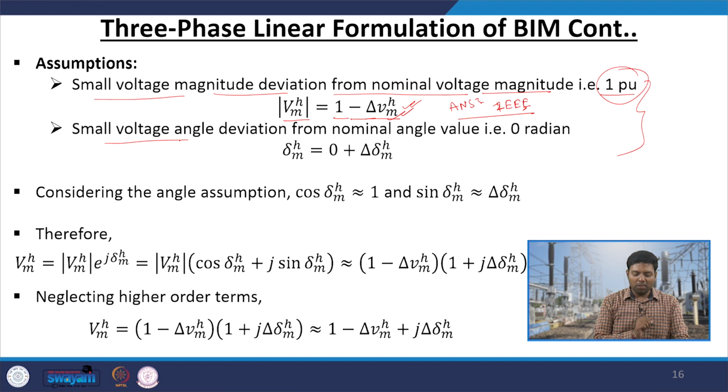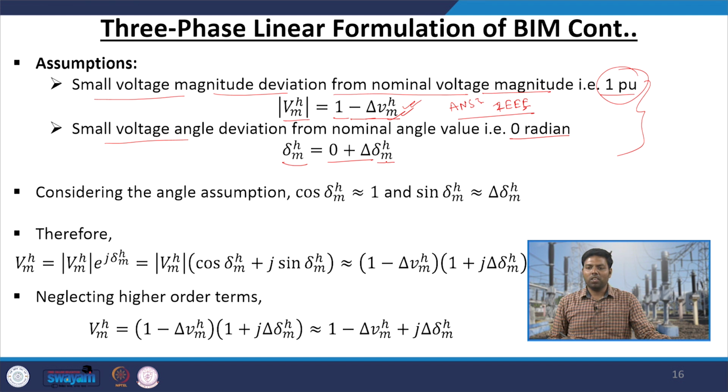Then the second assumption is a small voltage angle deviation from the nominal value, that is 0 radian. That means the actual voltage angle is 0 plus some small perturbation. That is also true. As you have studied in rotor angle stability, we always keep the angle difference between two buses almost 0, close to 0.